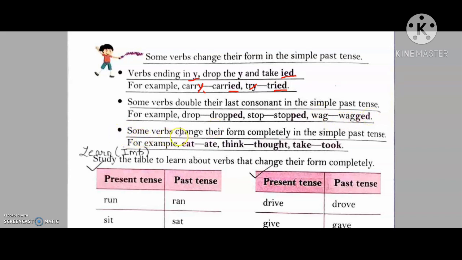Now the third one. Some verbs change their form completely in the simple past tense. For example, eat becomes ate. Think becomes thought. Take becomes took. Alright?